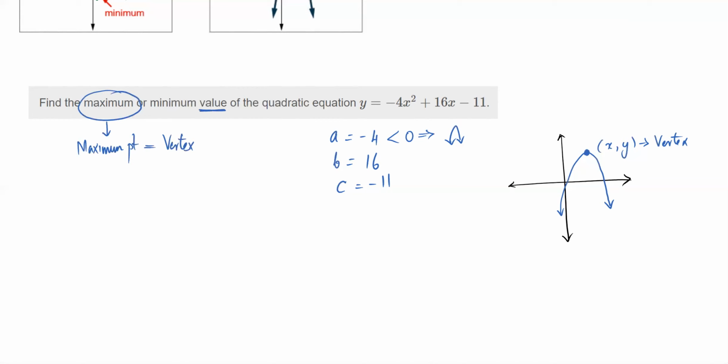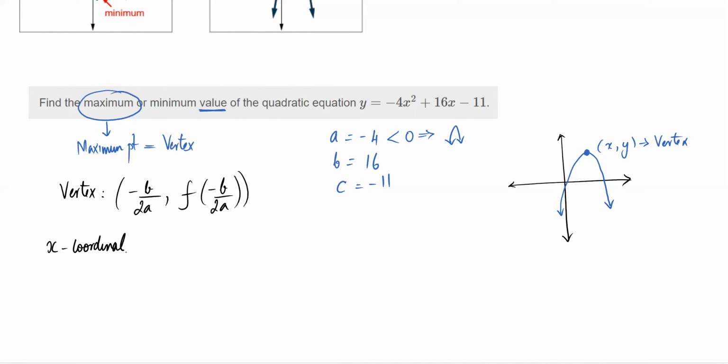So let's go ahead and find the vertex for this one. So vertex is -b/2a, and that number must be plugged in your equation to get the y coordinate. So then let me say x coordinate is -b/2a.